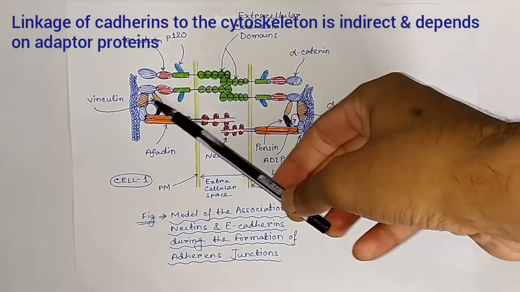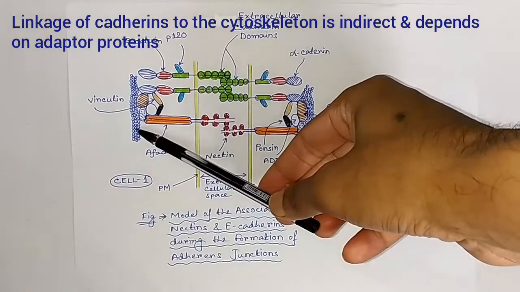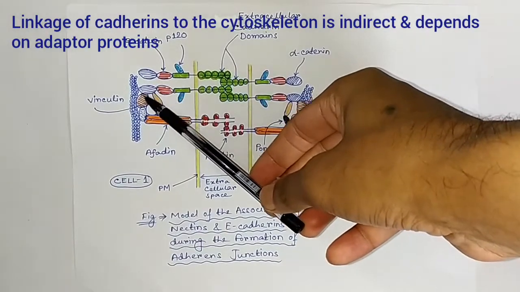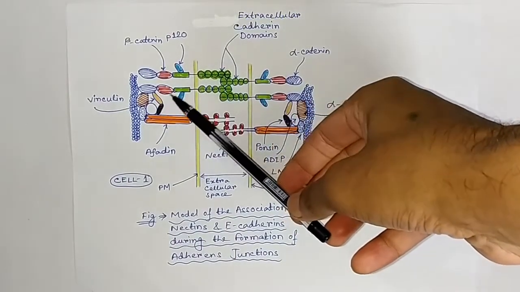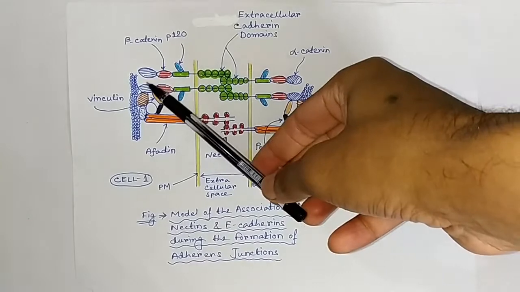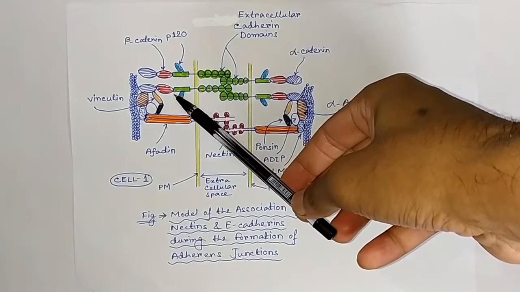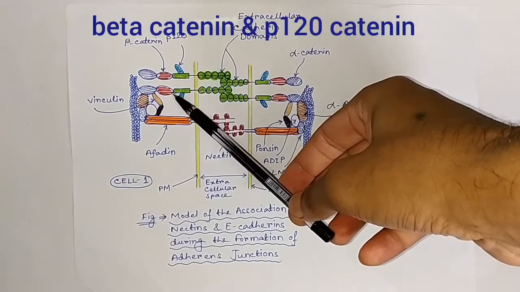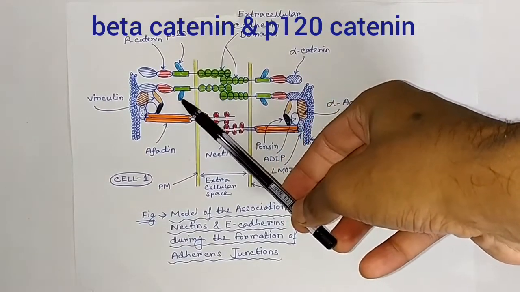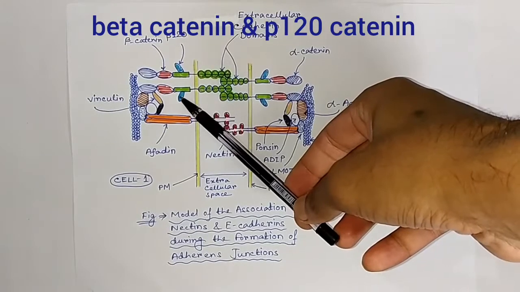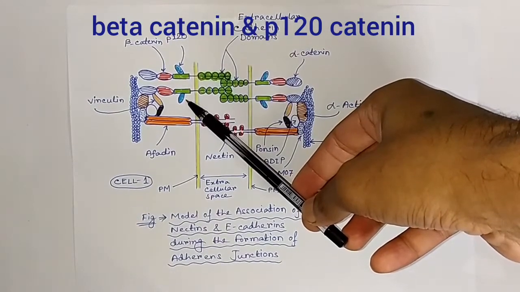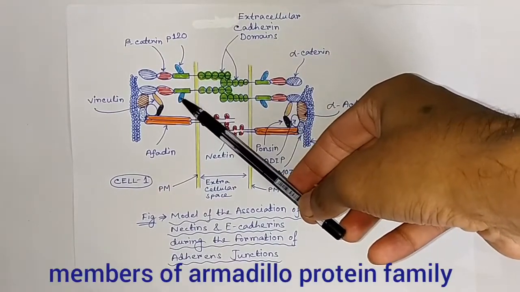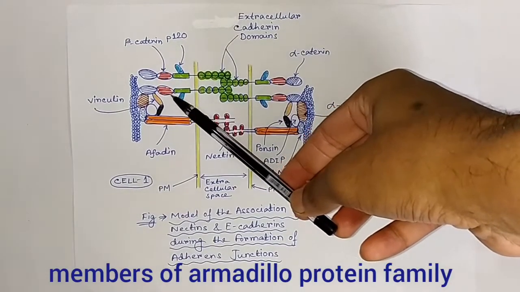The linkage of cadherins to the cytoskeleton is indirect and depends on adapter proteins that assemble on the cytoplasmic tail of the cadherins. At adherens junctions, the cadherin tail binds two such proteins, beta-catenin and a distant relative called p120 catenin. Beta-catenin and p120 are members of the armadillo protein family.